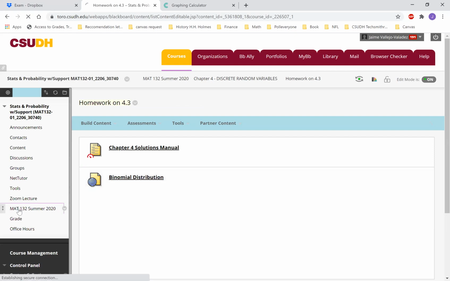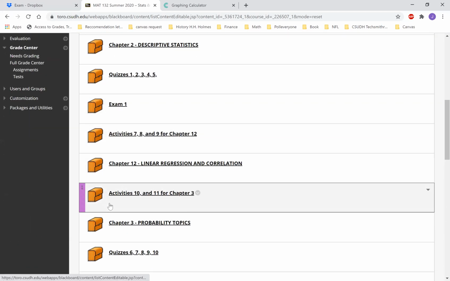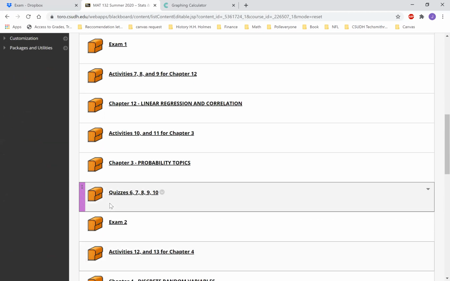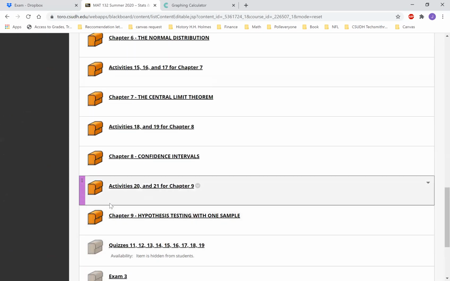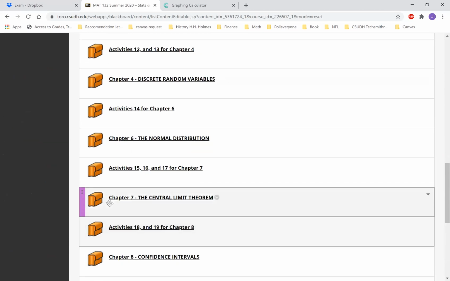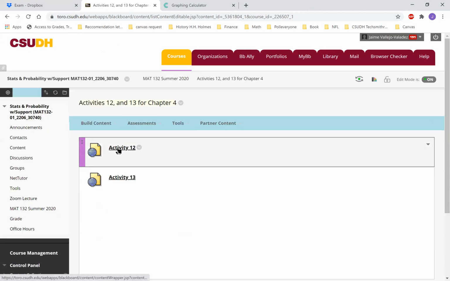For today's activity, you want to go right here where it says activity 12 and 13. So you'll find today's activity over here where it says activity 12.